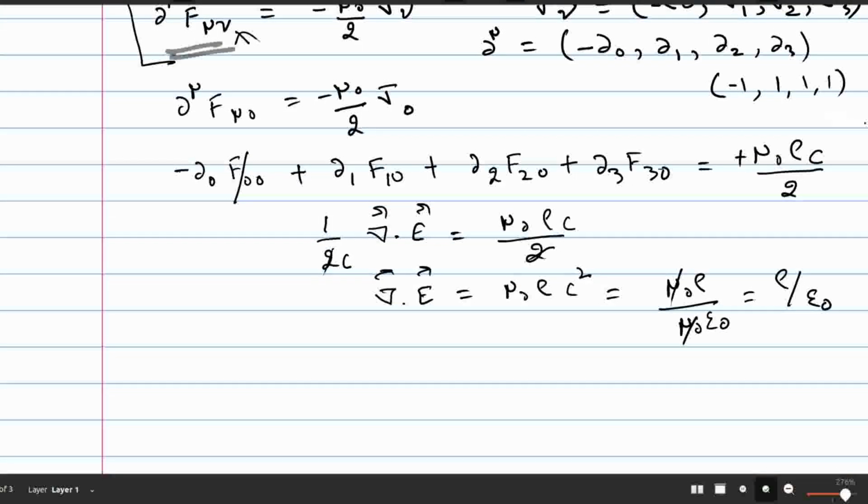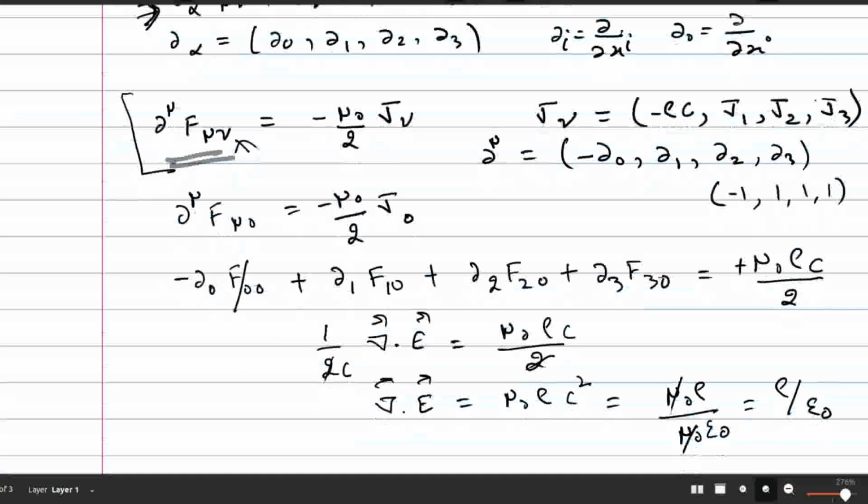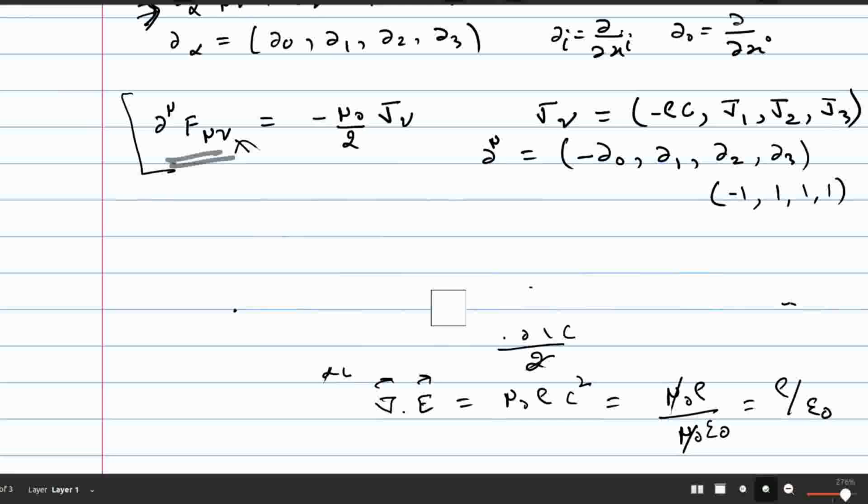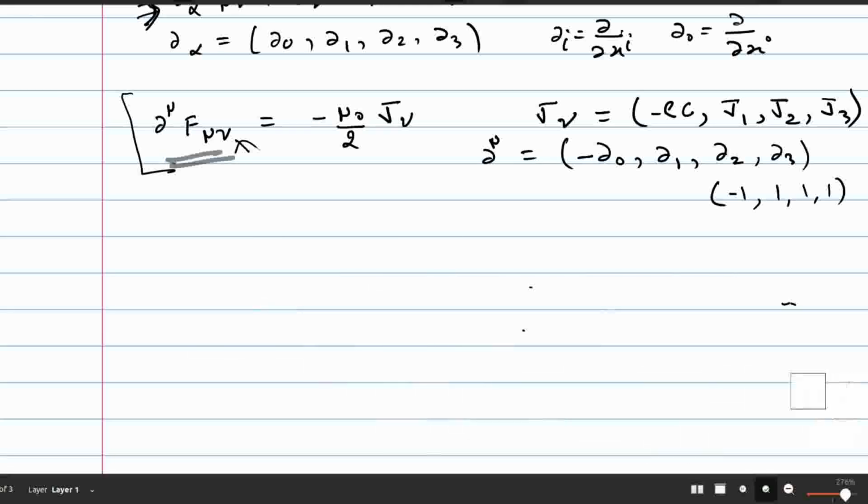On the other hand, if we put nu equal to 1, then what do we get? We get del mu F mu 1 equals minus mu naught by 2 j1.